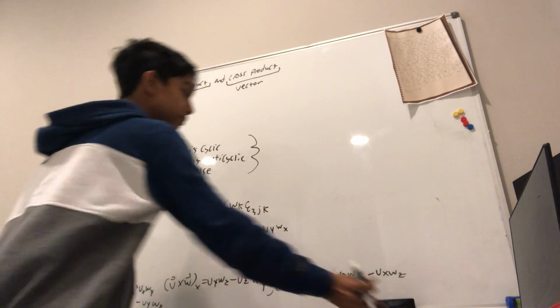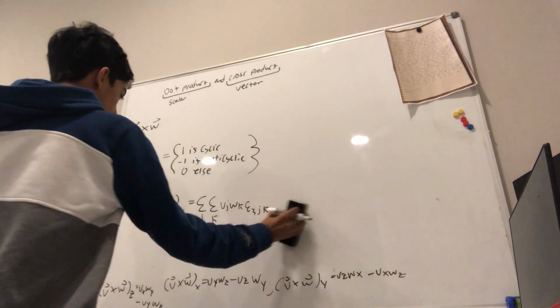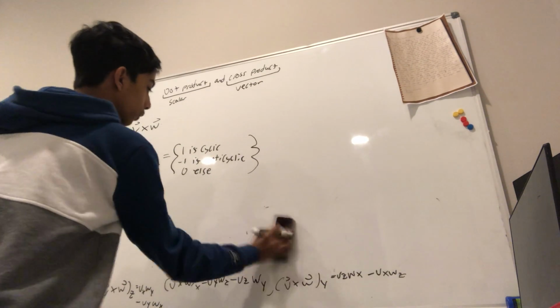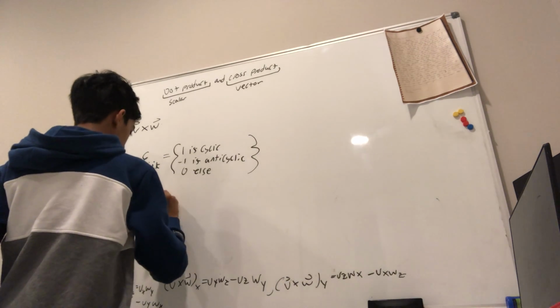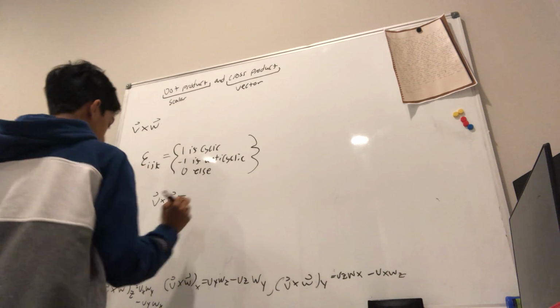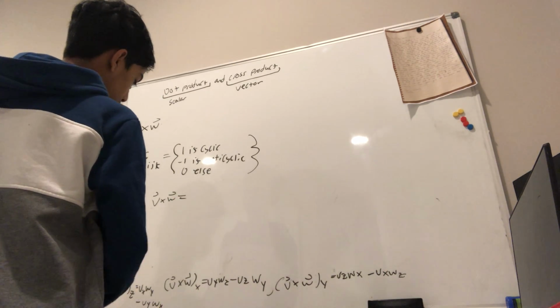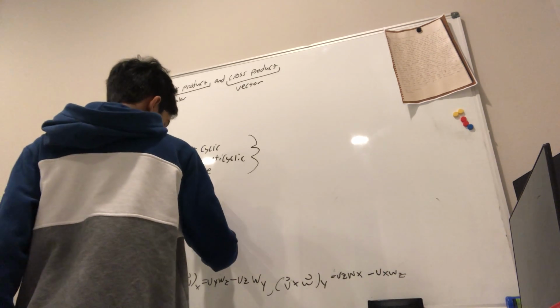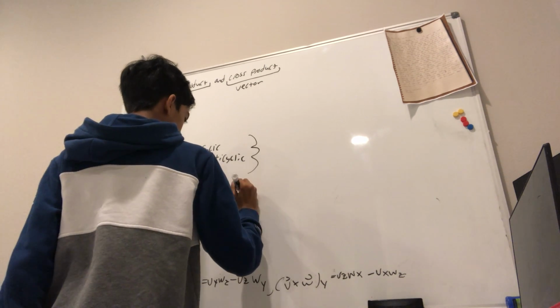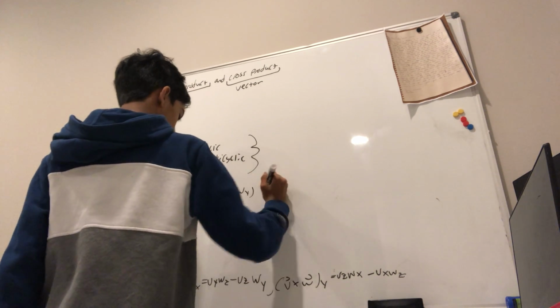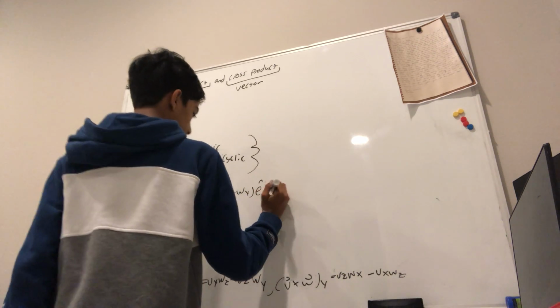So how can we put all of these together? We can say that v cross w is equal to the x component, v_y w_z minus v_z w_y, times e hat x.